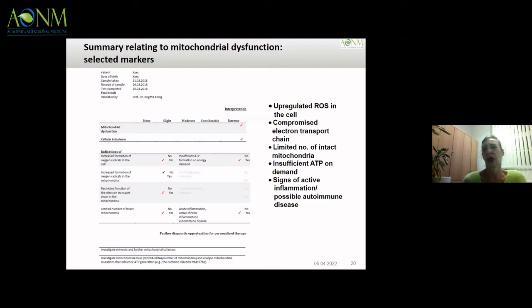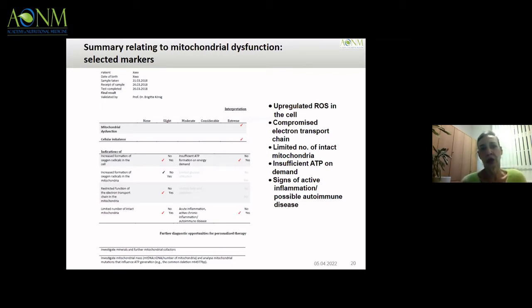And then you ask, what are the reasons? It is increased formation of oxygen radicals in the cell, because we have a lot of non-mitochondrial oxygen consumption, which is used by oxidases, and oxidases produce a lot of radicals.